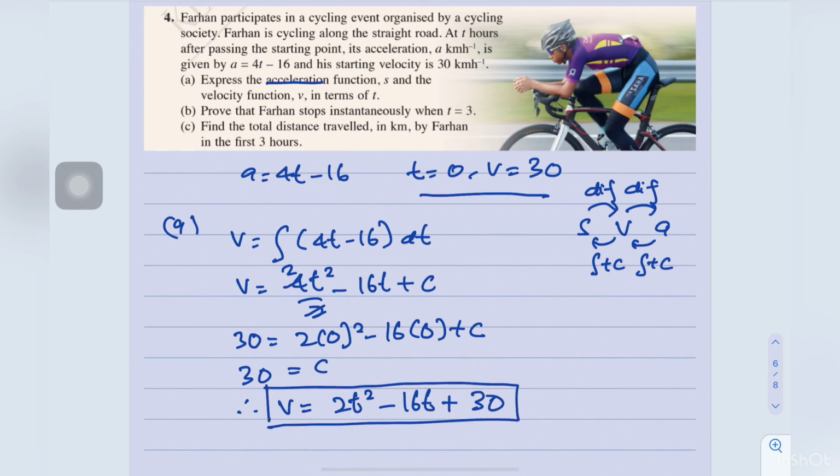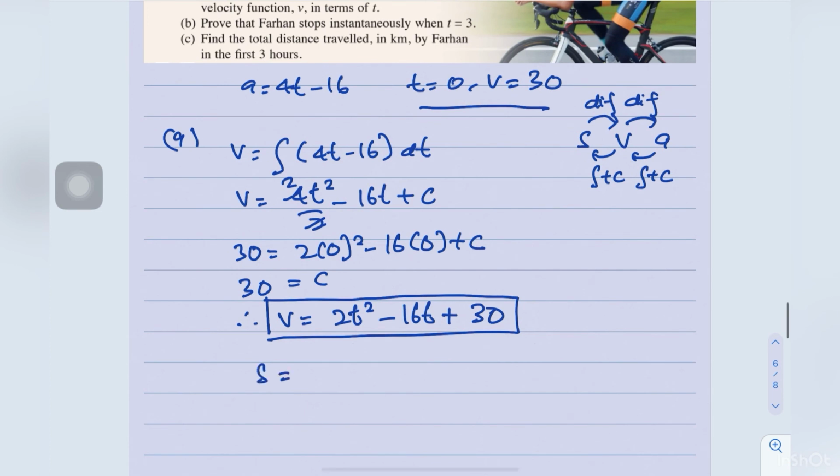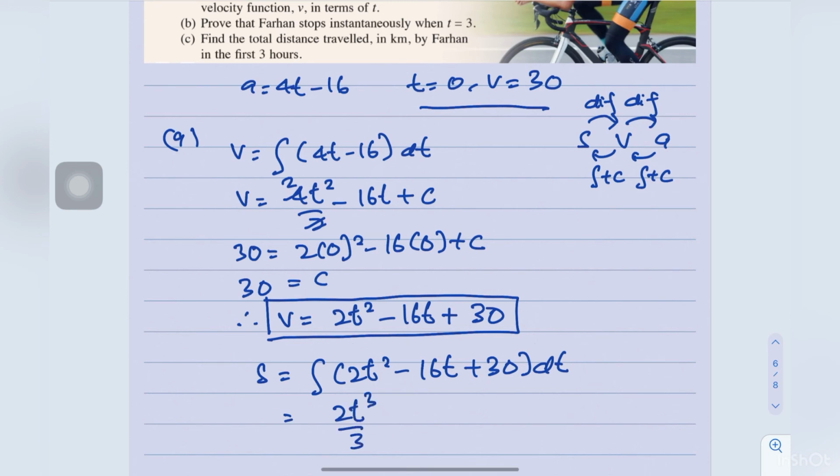To find displacement, we need to integrate another time. So s is the integral of 2t squared minus 16t plus 30 with respect to t, which is 2t cubed over 3 minus 16t squared over 2 plus 30t plus c.